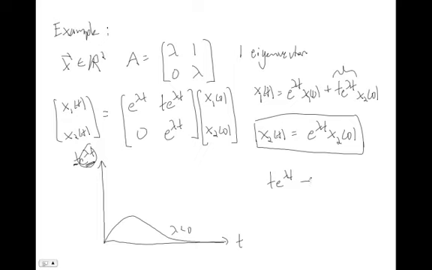Now if lambda is equal to 0, then t e to the lambda t becomes t e to the 0, which is just t. So that's just a perfectly straight line, like this. So that's lambda equals 0. And for lambda greater than 0, I have this growing to infinity thing happening. So this is the function t e to the lambda t.